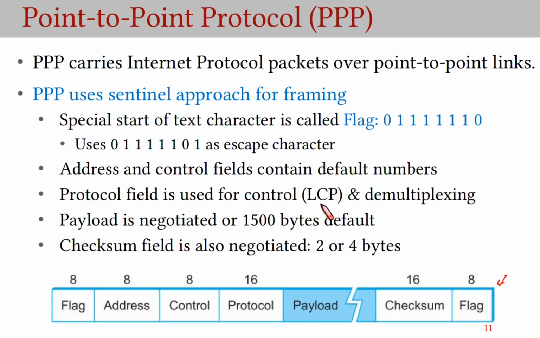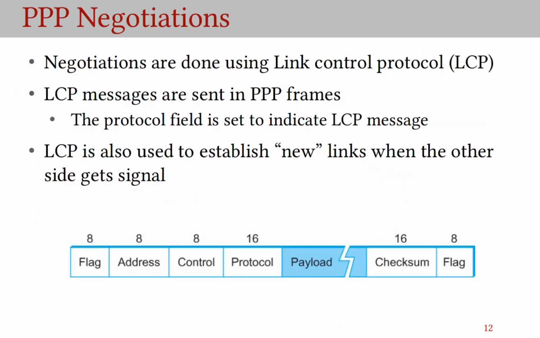PPP, as I said, uses another protocol called link control protocol for carrying out these negotiations. These LCP messages are sent encapsulated within PPP frames, where this protocol field is set to indicate that the frame contains LCP message.